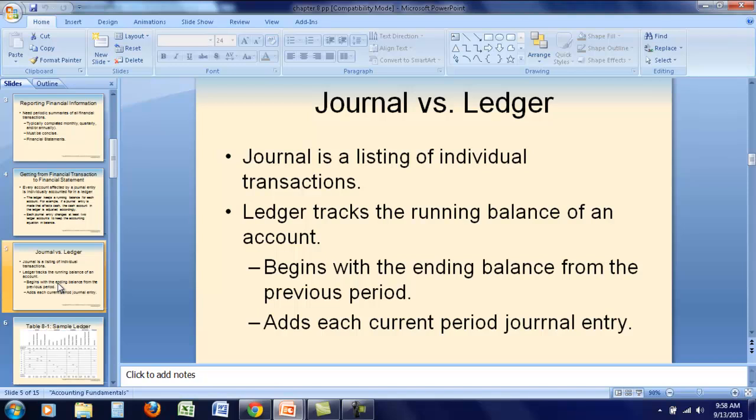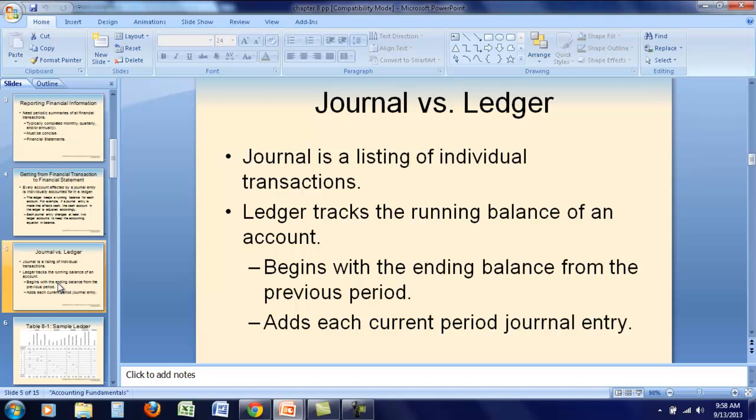On December 31st, your year end, if you had $500 of cash, then on January 1st, you start your new year with $500 of cash in that balance. Then you record transactions from the current period. The account would start out with 500, and then say on January 1st I spent $20. My account would now have $480 in it.